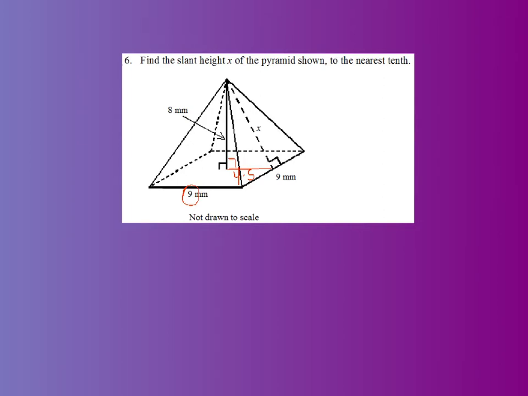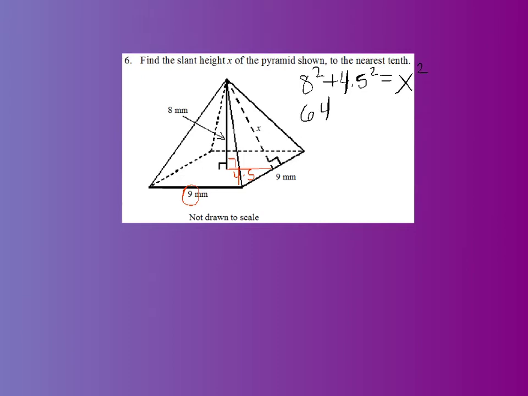So what we want to say is a squared plus b squared equals c squared. Remember, the slant height is always going to represent your hypotenuse, or in other words, it will always represent your c. So we have 8 squared plus 4.5 squared is equal to our slant height, which we're representing with x squared.